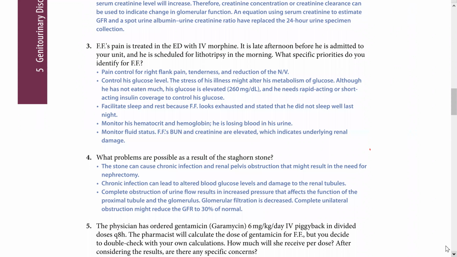Okay. So we need to convert that to kilograms, right? So she's 277, then we're going to divide that by 2.2. So she's about 126 kilos.